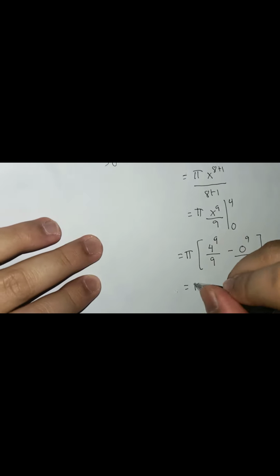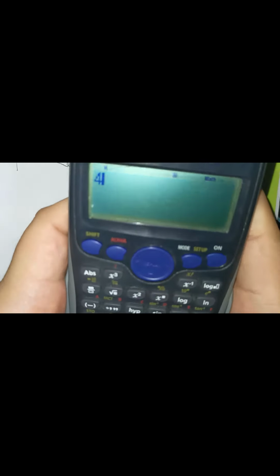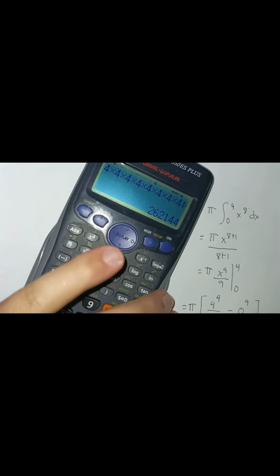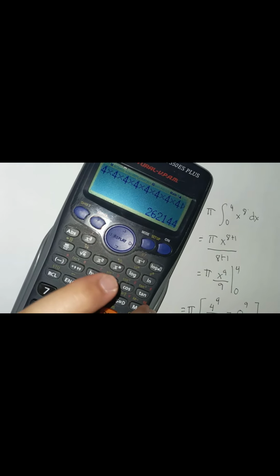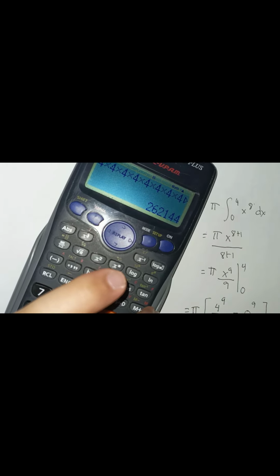Now I'm going to calculate 4 to the 9th power, or 4 times 4 times 4 times 4 times 4 times 4 times 4 times 4 times 4, equals 262,144 divided by 9.